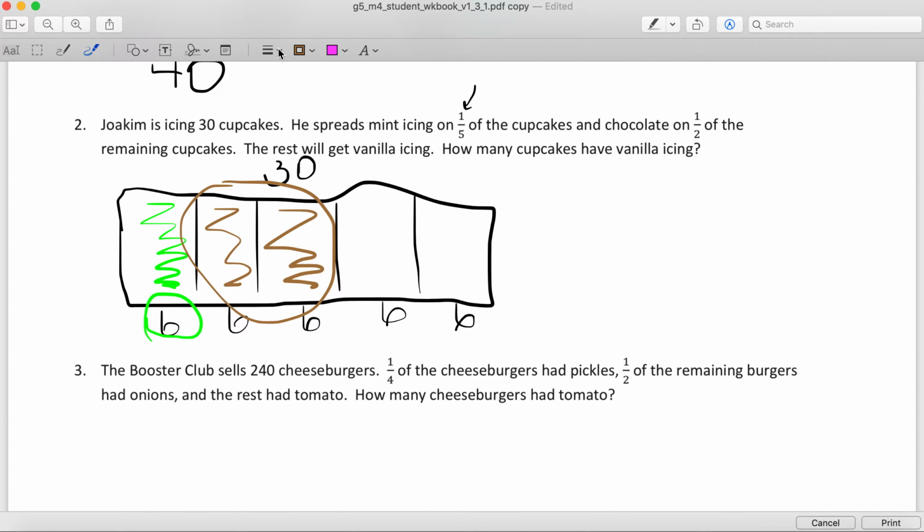There are 30 burgers in each one. So there are 30. Each of these halves here have 30.